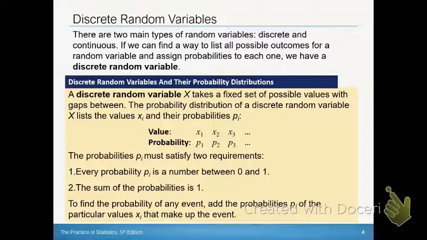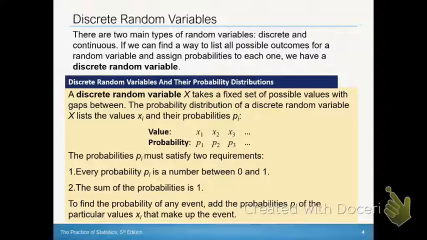There are 2 types of random variables, discrete and continuous. Right now we're looking at discrete random variables, which basically just means that we could list all of the possible outcomes. We could get 0, 1, 2, or 3 heads when we flipped a coin 3 times. Continuous means that we can't list them all because there's an infinite value of numbers in between.